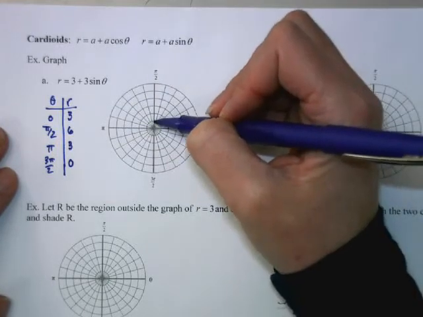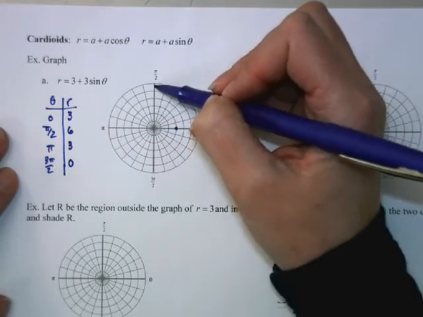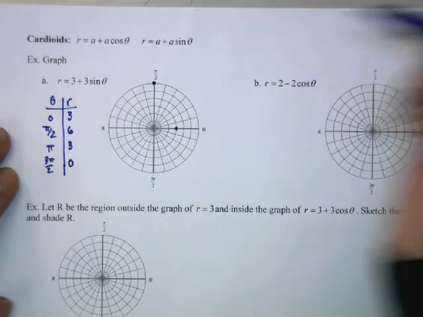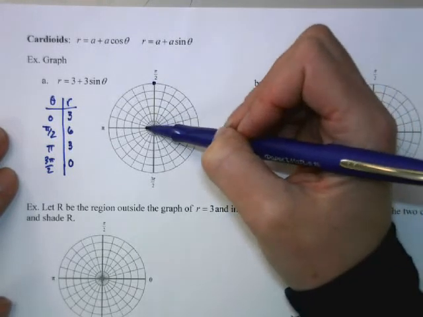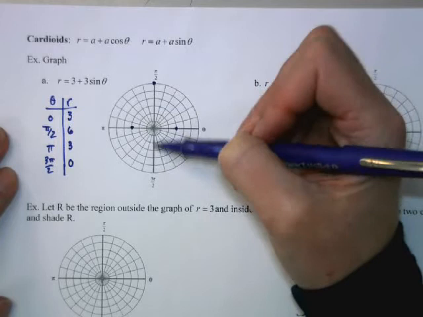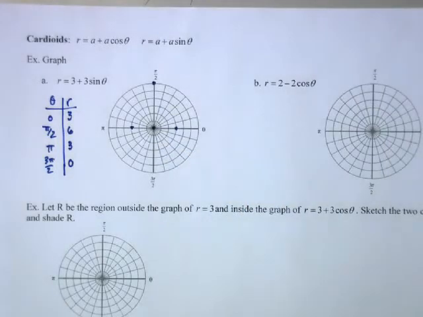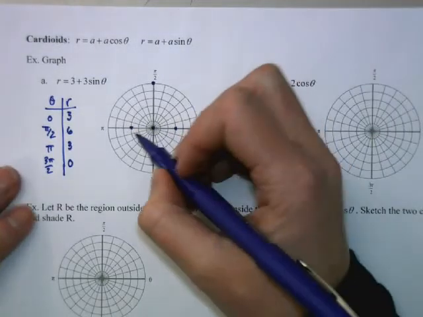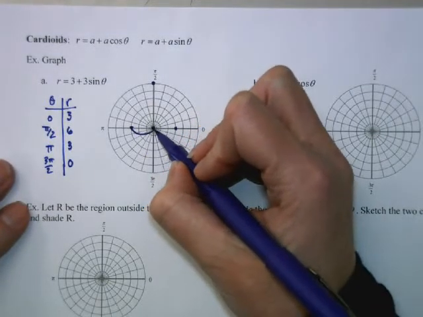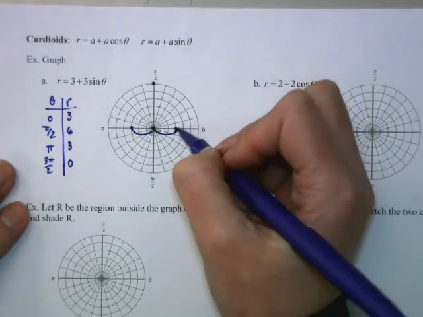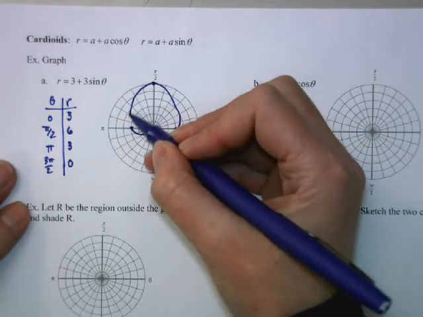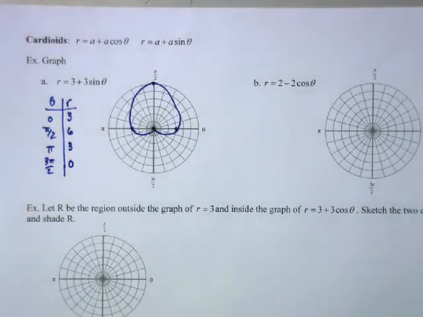Pi over 2, we're at 1, 2, 3, 4, 5, 6. And pi, we're at 1, 2, 3. And at 3 pi over 2, we're at 0. Okay, again, that's not a whole lot of information, but we know it's going to be a cardioid. So this is where the heart shape of it is going to be. And then it's just going to loop around to fill in the rest of that.